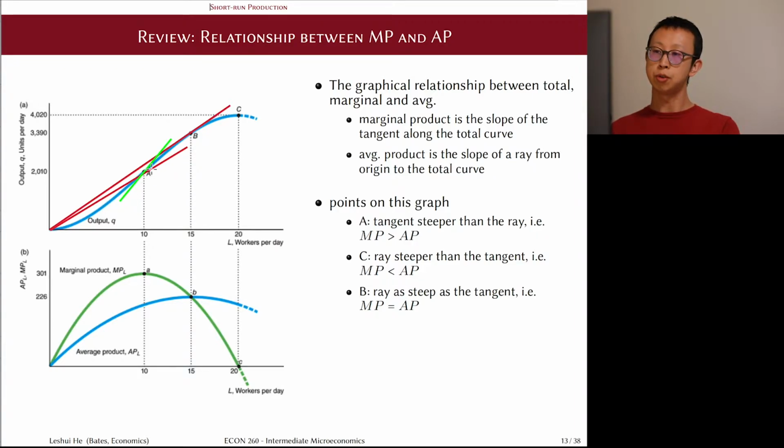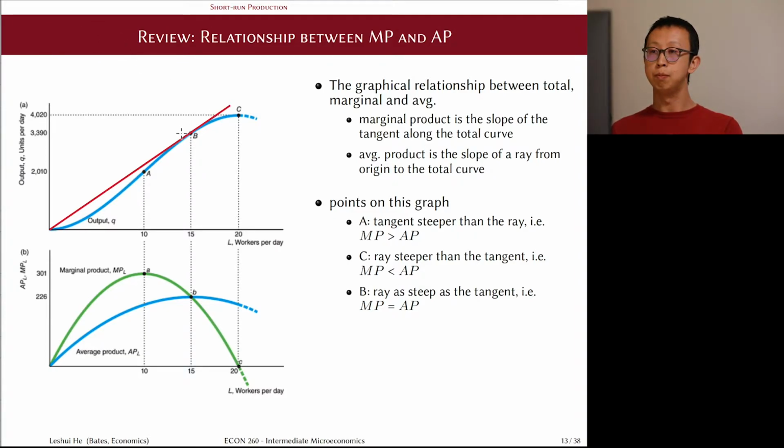So the marginal product of labor at point A is higher than the average product of labor at point A. And you can repeat this exercise for all these different points before point B, and you will realize that it is always the case that the marginal product is higher than the average product. On the contrary, once we pass point B here, the tangent line becomes flatter than the average.